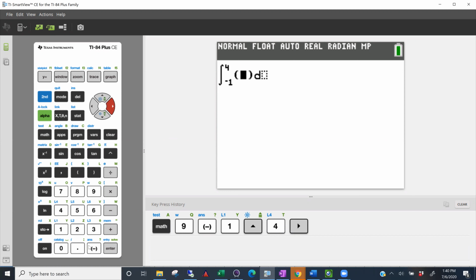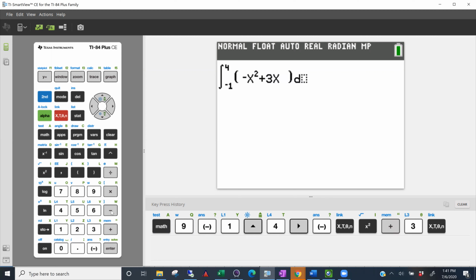So that would be negative x squared plus 3x plus 4. Then, of course, you have to tell it dx. What I like about using this TI graphing calculator emulator is that it shows you all the keystrokes that I've used. That way, if you want to go back and try this for yourself, you can.